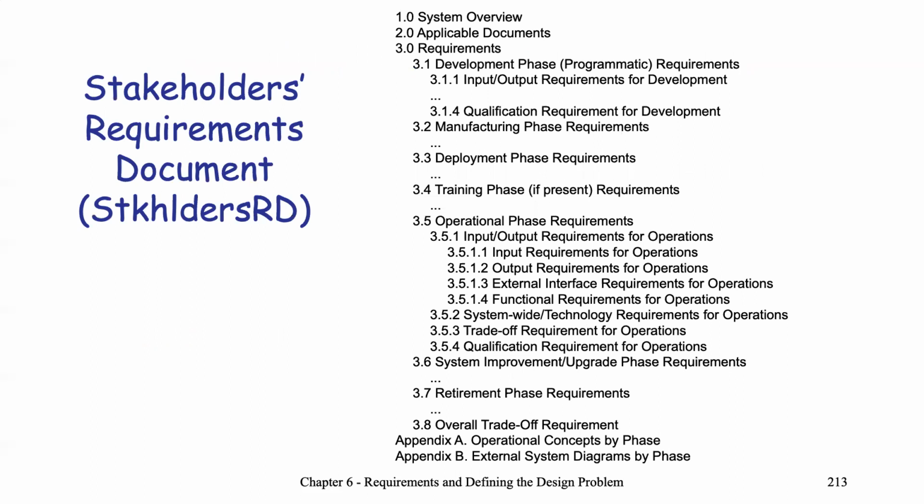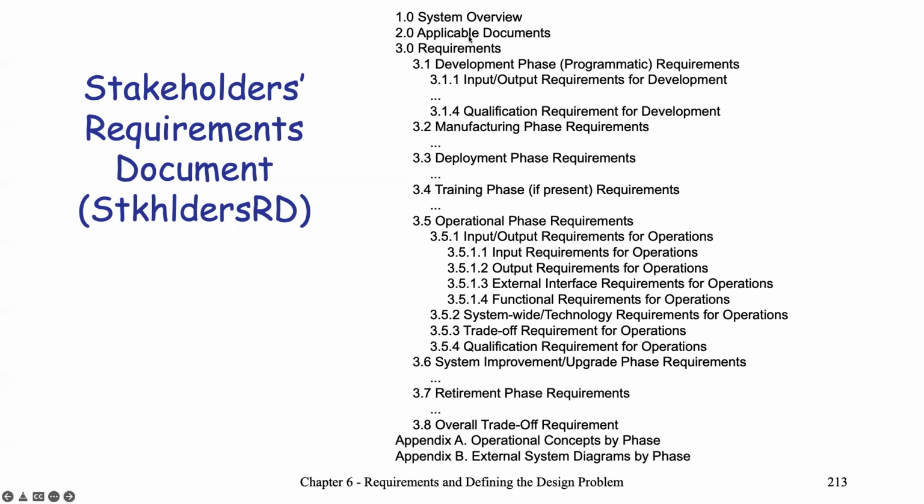Then we have something that Booty calls the stakeholders requirement document. Maybe you could shorten that to SRD, but that has some other implications or use by different types of entities. But here's just an example of the types of things that could be included.